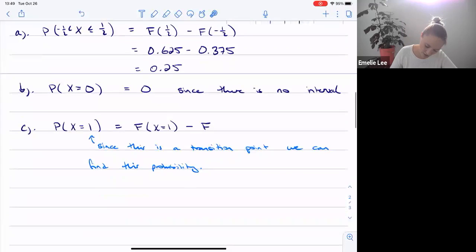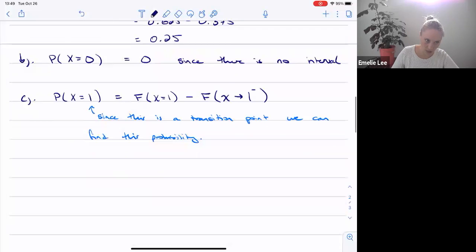So now how I'm going to do it, and it's not great, but x approaches 1 from the left. Which is going to be what?